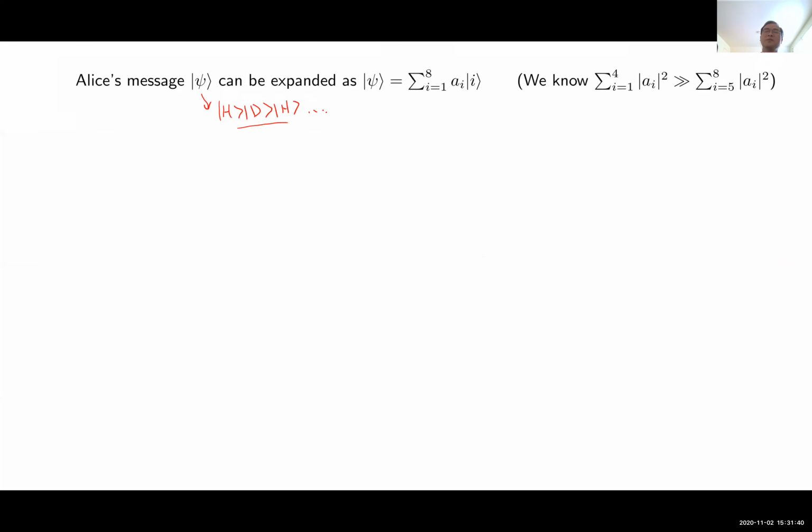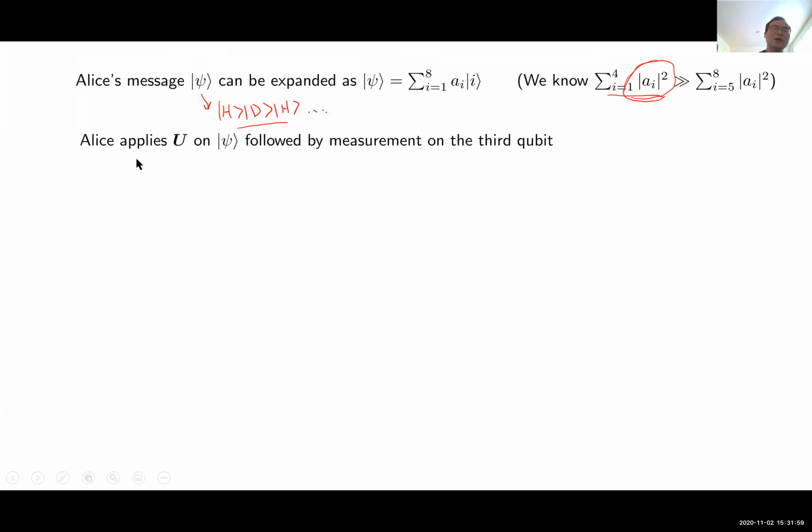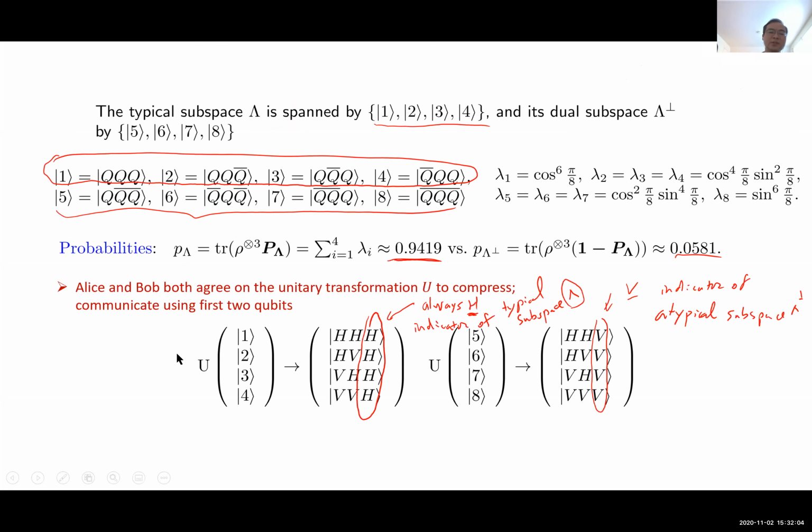But what we want is the message to be in the typical subspace, meaning that we want the first 4 coefficients to be larger than the last 4. So what they do is Alice applies the unitary that we defined previously to this.